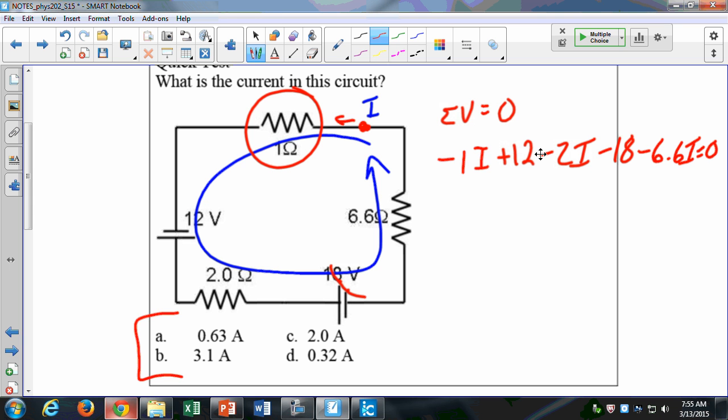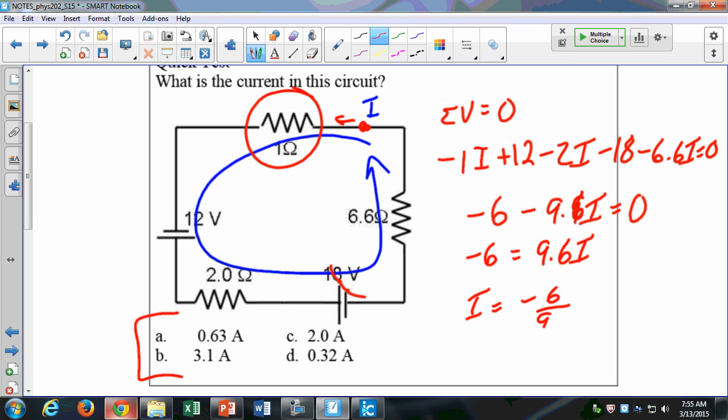All that's equal to 0. I can combine some things. I get negative 6 minus 9.6i. So solve that for I. That is A. It's about 2/3, which is A.